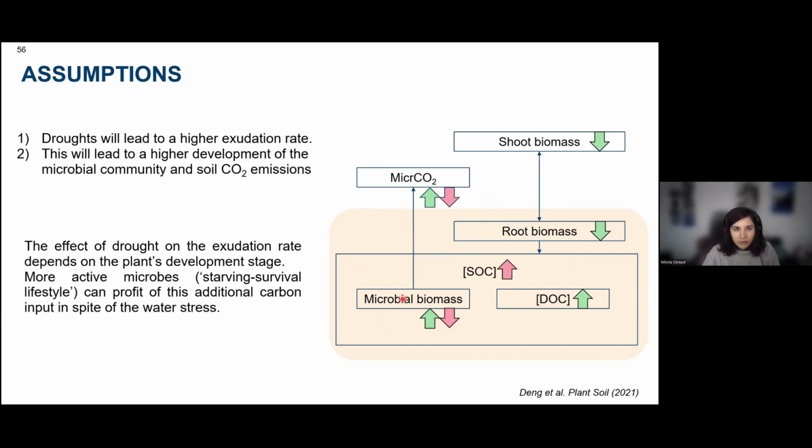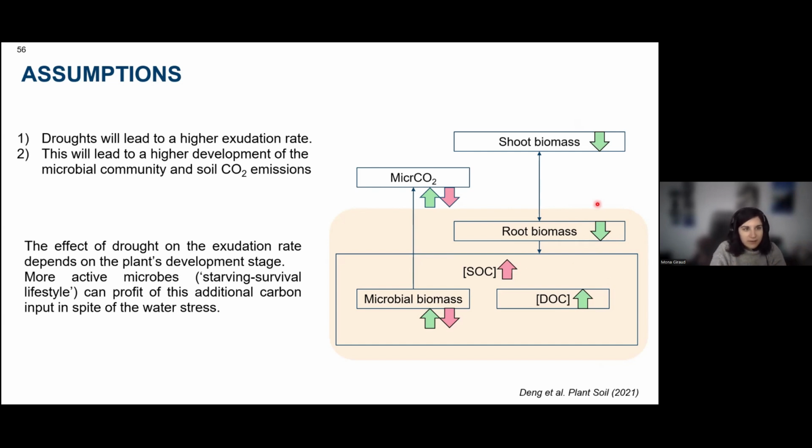And for the total soil organic carbon, we generally always observed an increase, contrary to what Deng et al. observed. And that is probably in part linked to the fact that we did not represent the addition of carbon from the plant via plant residues. Normally, less plant biomass would mean less dead root and less dead leaf, and that would decrease the soil carbon.